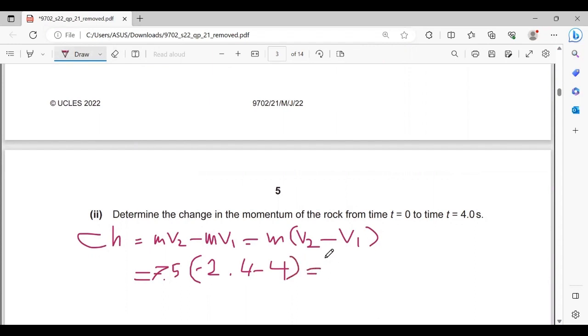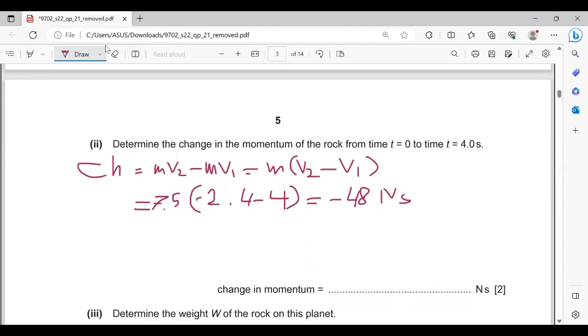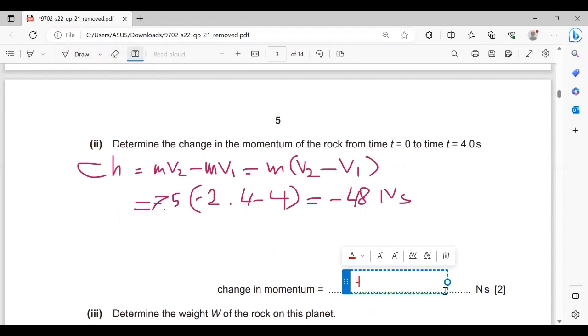And it becomes negative 48. So the solution is negative 48 newton seconds. You may answer here minus 48.